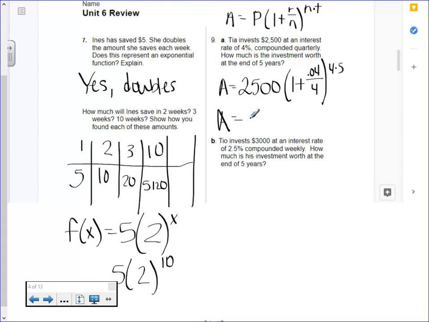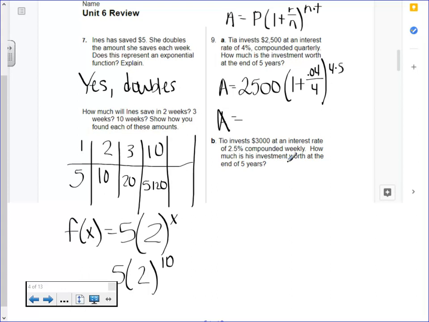Okay, so let's make sure we're typing it in our calculator right. I'm just going to type it in, and I'm going to show you how I typed it in.